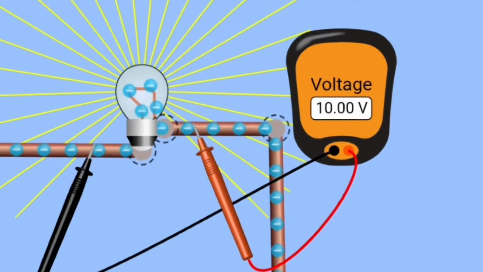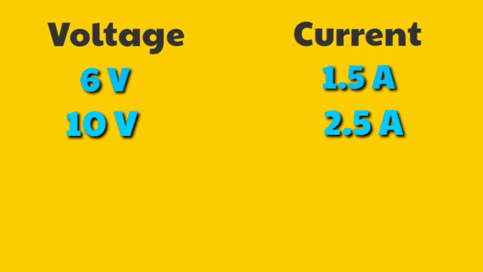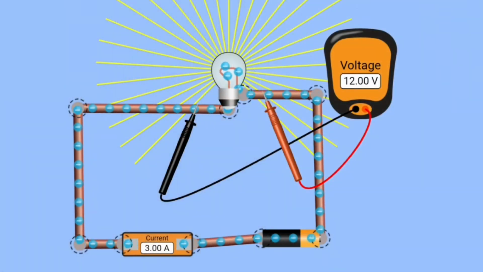Now we have 10 volts as the voltage and 2.5 ampere as the current. Now we can change it again, and now we have 12 volts and 3 ampere. So that's it. Now we can move the circuit aside.